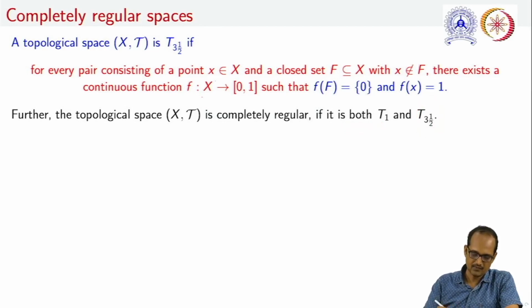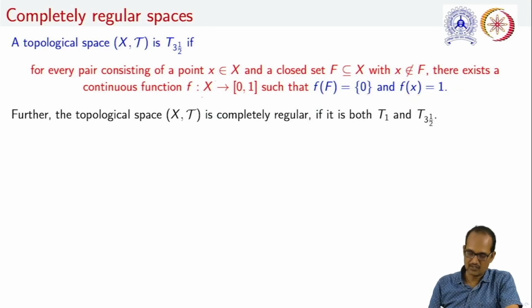And what is it? We say that a topological space (X, tau) is T3 and a half if for every pair consisting of a point x and a closed set F subset of X with x not an element of F, there exists a continuous function f from X to the closed interval [0, 1] such that the image of this closed set F under f is the singleton set {0}, and this function sends x to 1.